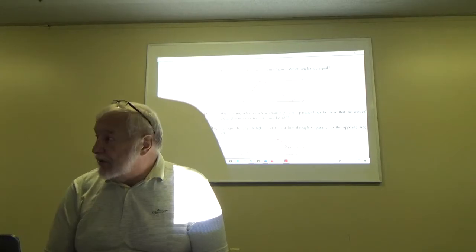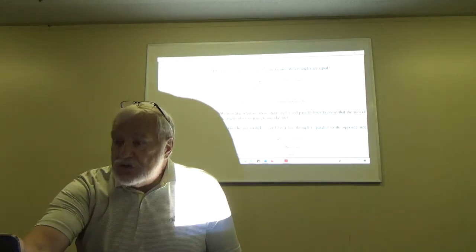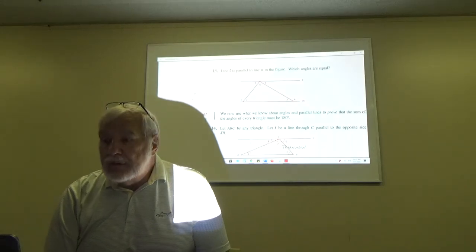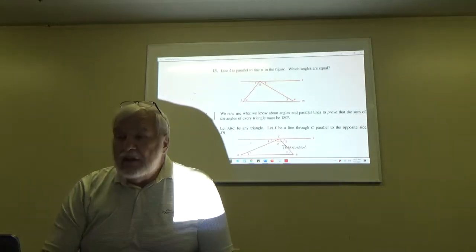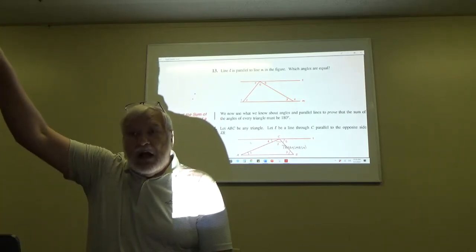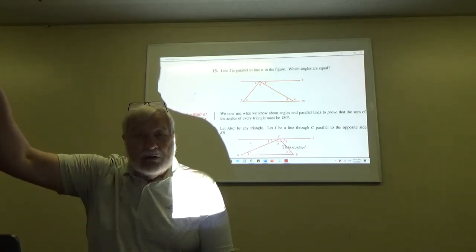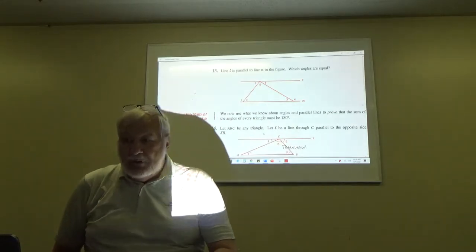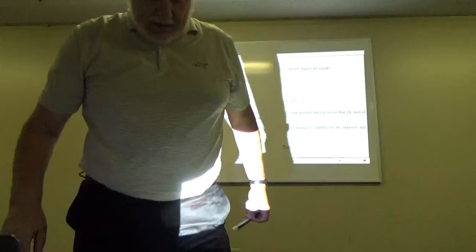Now here's what I want you to do. In your notes, draw those parallel lines, L and M, and then the two lines, let them extend beyond to the exterior. Extend this line so that you get the exterior. And I'm going to do it on the board to show you what I mean.